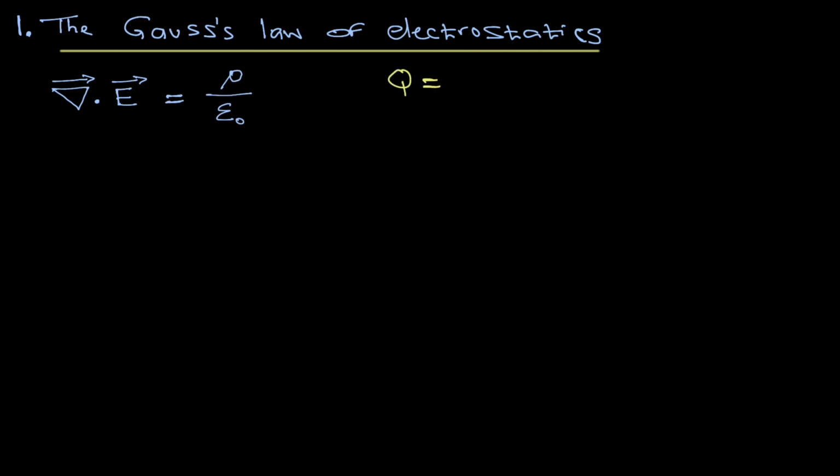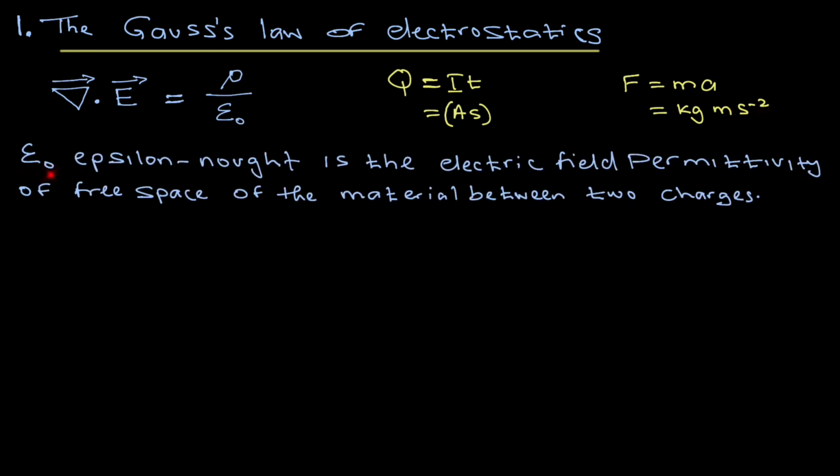First of all, we're going to use charge equals IT, where I is current and T is time. The unit is ampere seconds. Also, we know F equals MA, and the unit for that is kilogram meters per second squared. The epsilon-nought is the electric field permittivity of free space, of the material between the two charges.